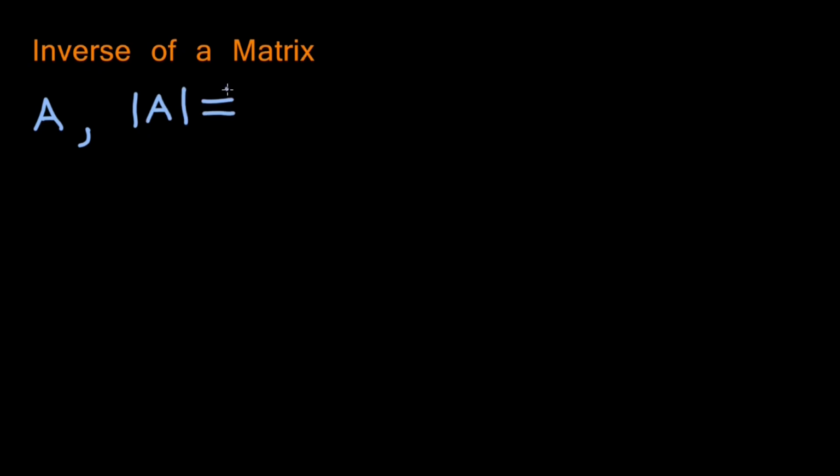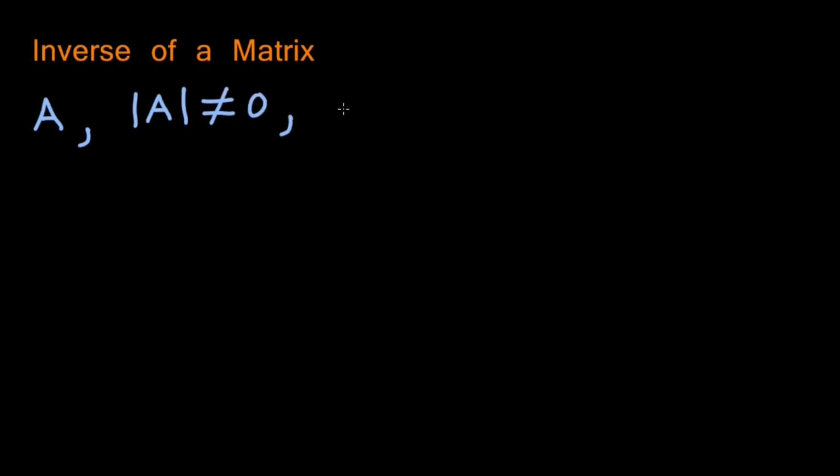Now that we have understood how to find adjoint of a matrix, let us understand how to find inverse of a matrix. But before that, let us see what is inverse of a matrix. Suppose A is a non-singular matrix, which means that determinant of A is not equal to 0.